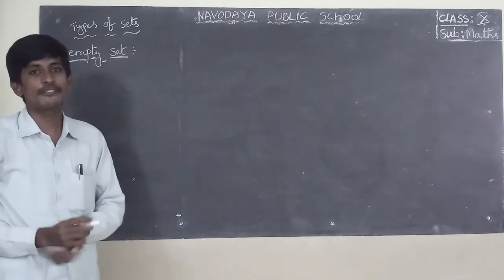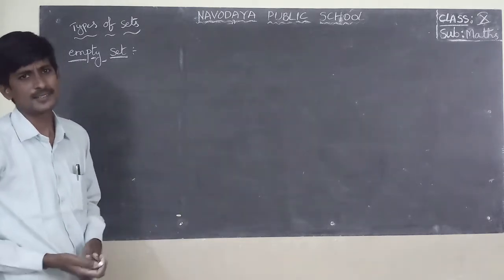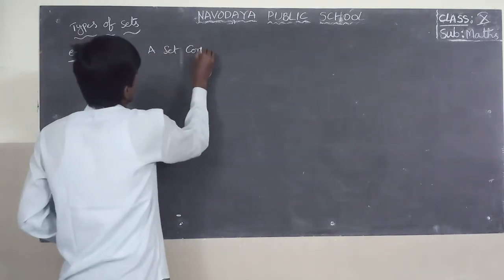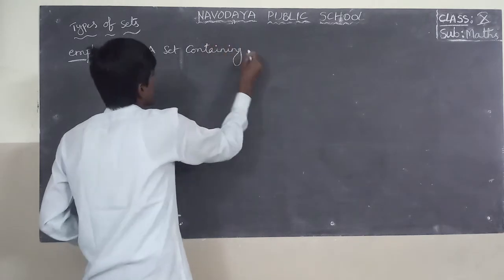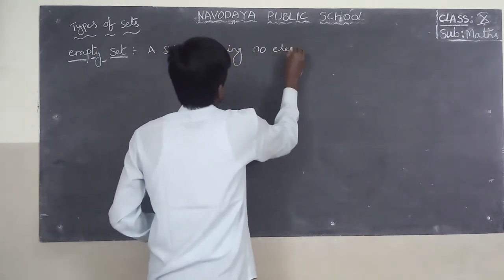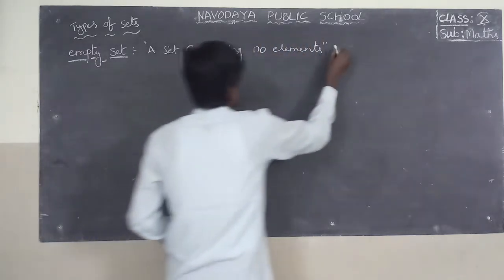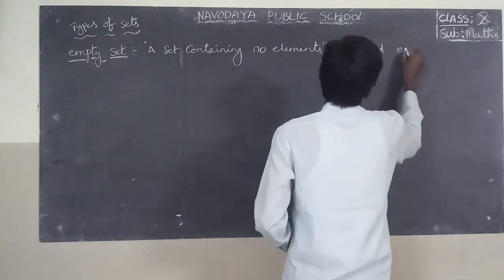What is the meaning of empty set? Empty means there is no element. That's it. A set containing no elements is called an empty set.